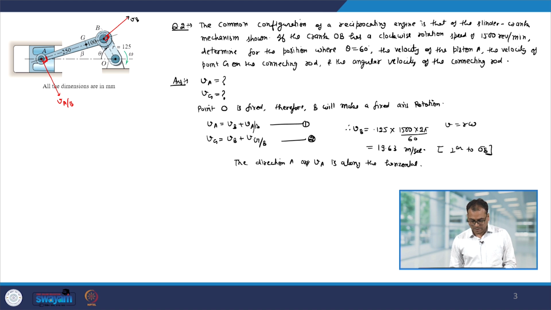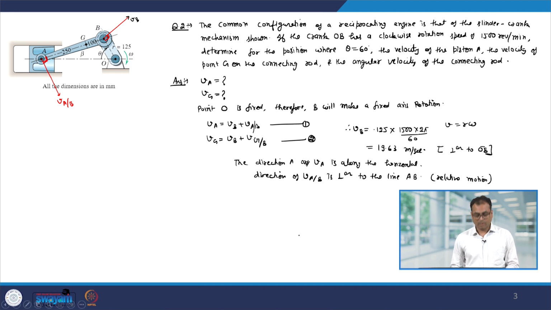And the direction of VAB, as I said, is perpendicular to the line AB, and this is because of the relative motion. This is how point B will perceive point A.